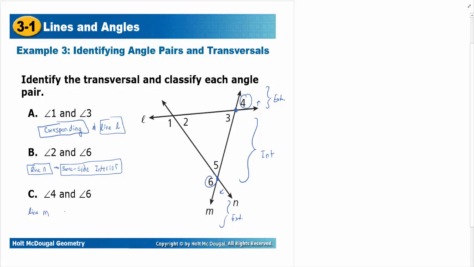So these are going to be alternate exterior angles, and that's line M for your transversal. Hopefully that makes sense. With some of the trickier ones, you just have to see which line is touching both those angles.